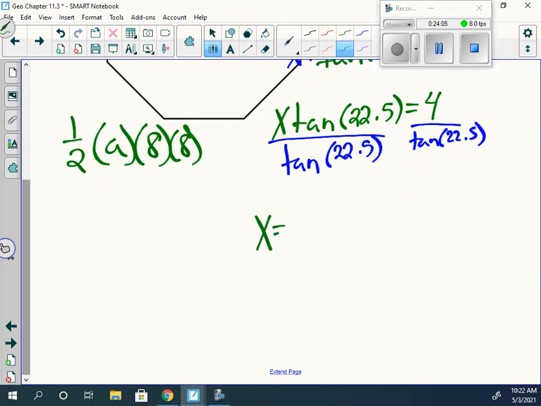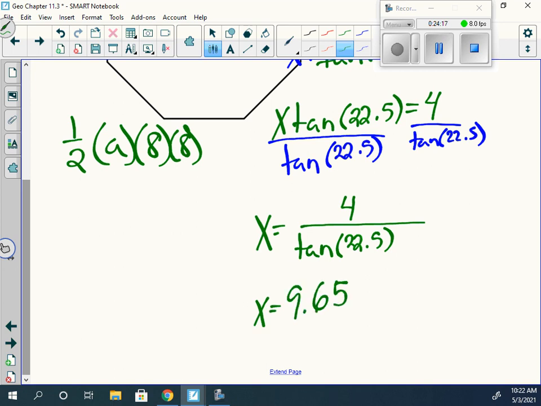So it tells us x is equal to 4 divided by tangent of 22.5 degrees. Any questions on this here so far? Now this is the real key of why we have those central angles and why they work the way that they do, because they're helpful in us finding out what the apothem is.